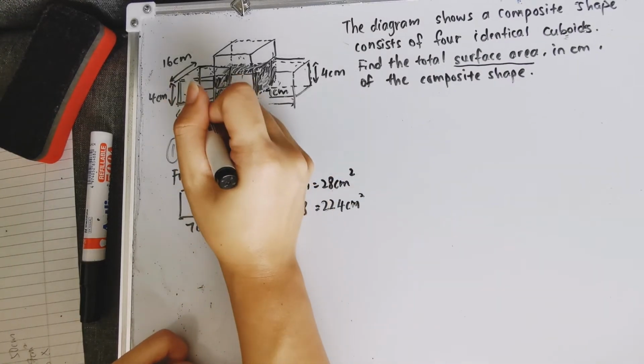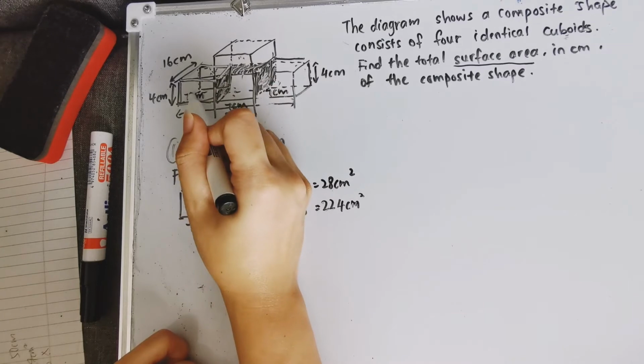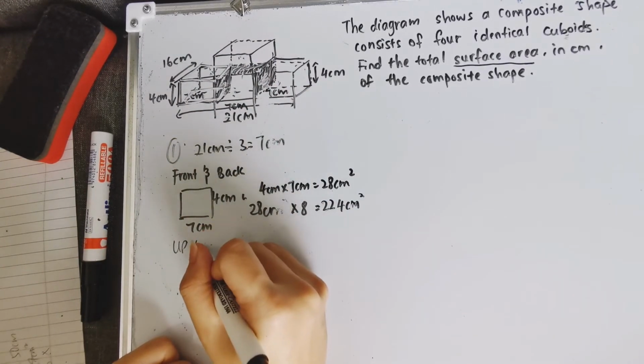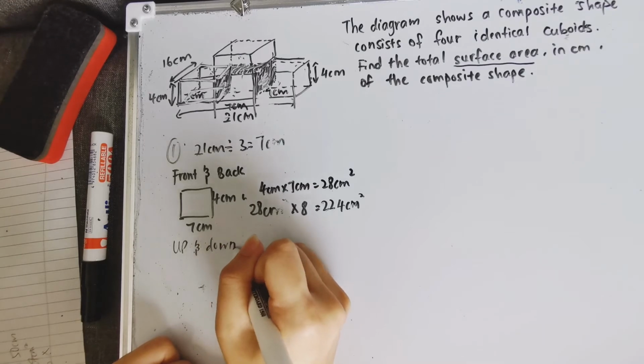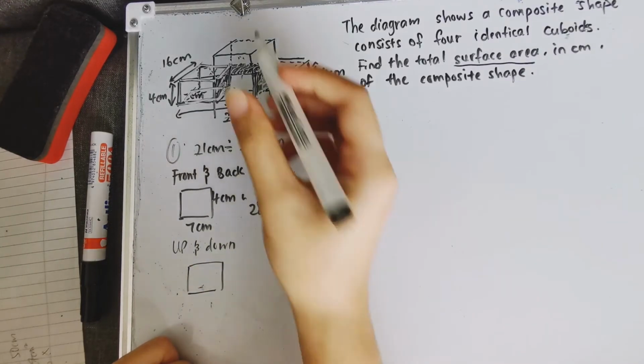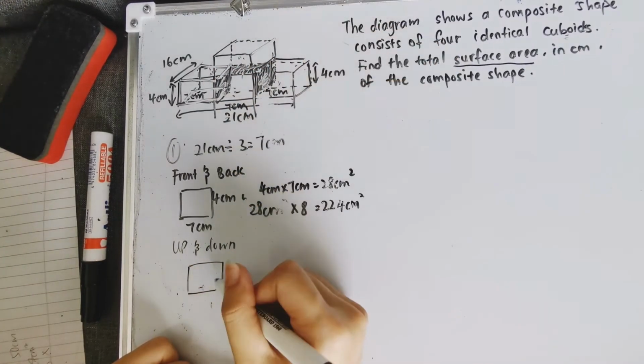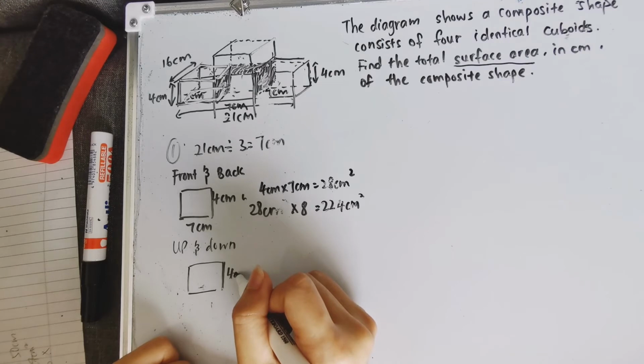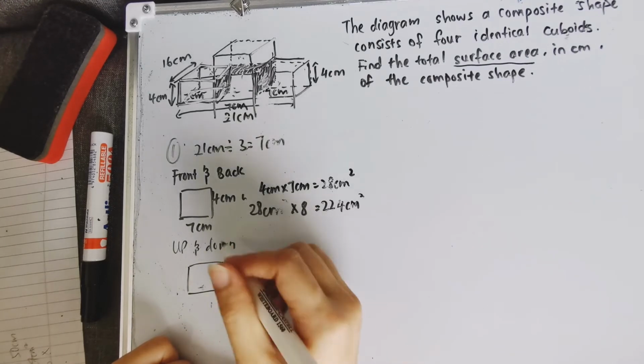Okay, next one is up and down. So this is 16. Sorry, this is 16.